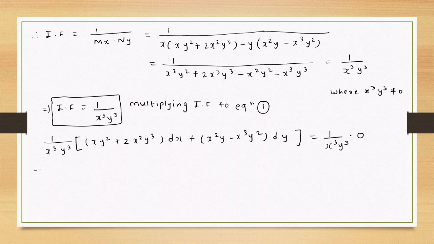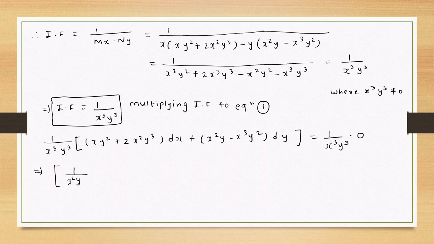Right. If you multiply this inside, then y square and y square get cancelled. We are remaining with y, and x upon x cube is 1 upon x square.